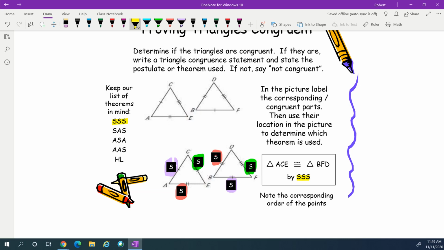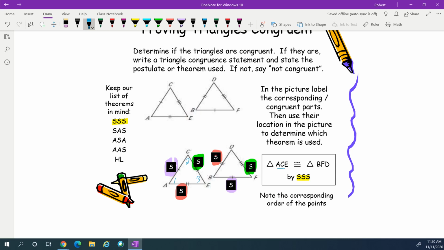Now I have to write the congruent statement in corresponding order. So the first triangle, again, however I want. It doesn't matter. Do the first triangle however you want to. So I chose ACE. Angle 1, angle 2, angle 3, or corner 1, vertex 1, vertex 2, vertex 3.